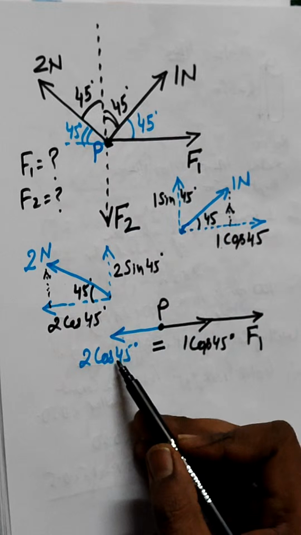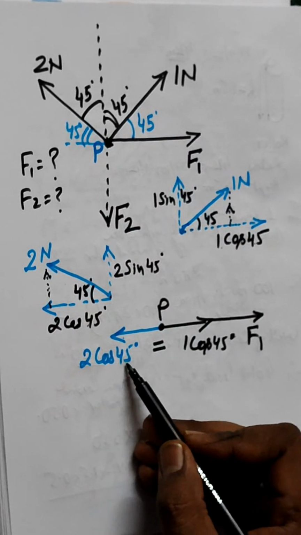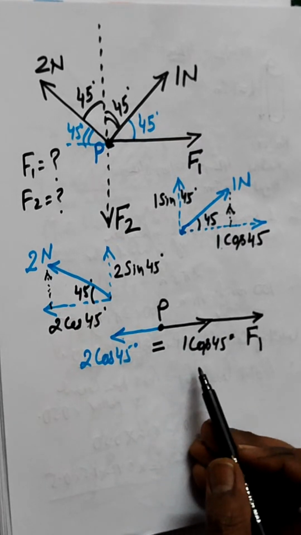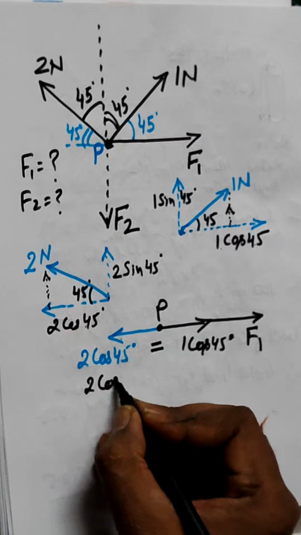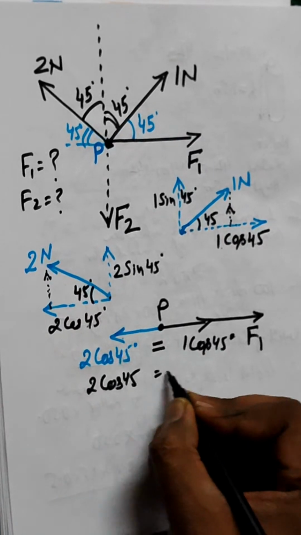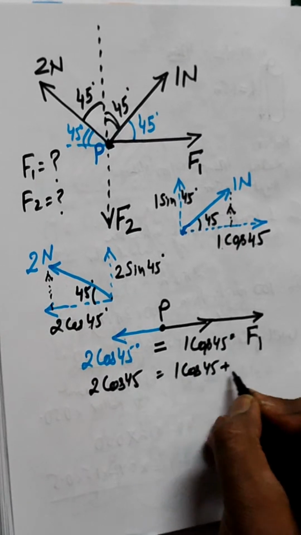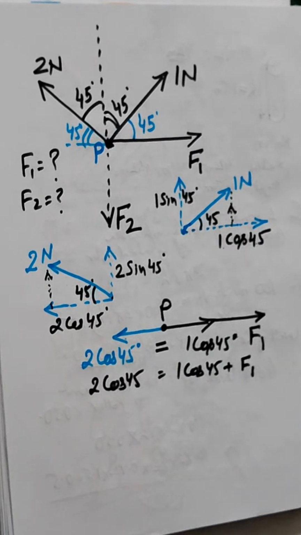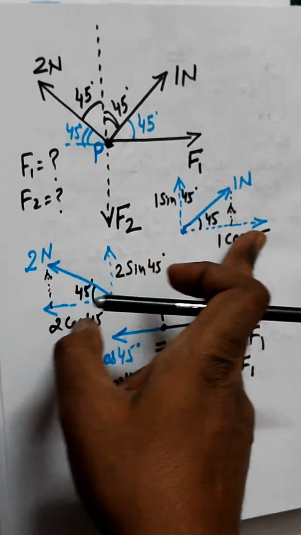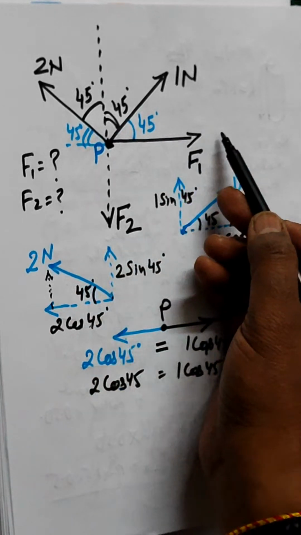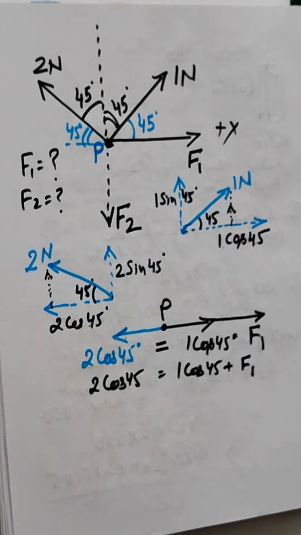Okay. So here 2 cos 45 will be equated with 1 cos 45 plus F1, because this is the total force which is acting in the east, towards the right direction, towards the plus x. Let's say it's plus x, right?